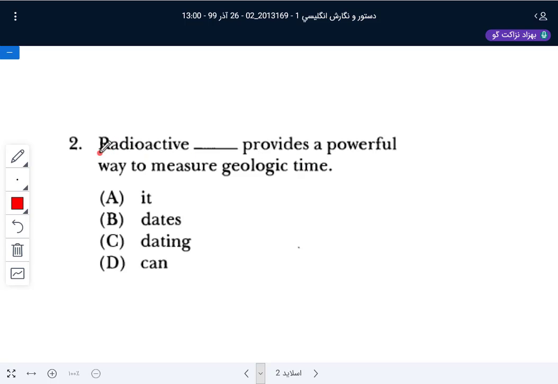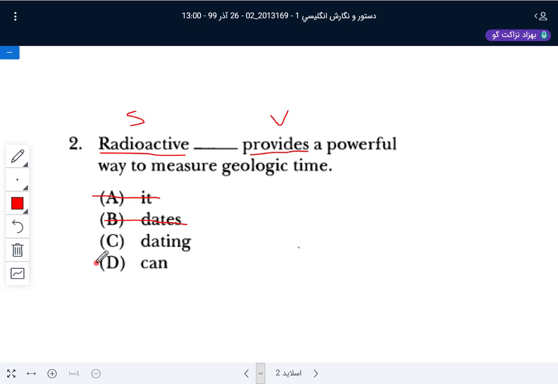So radioactive, this is the subject at the beginning of the declarative sentence. Provides is the verb. I recognize my subject and verb. If I choose choice A, I will have two subjects. If I choose choice B, dates, I will have two verbs for one subject.